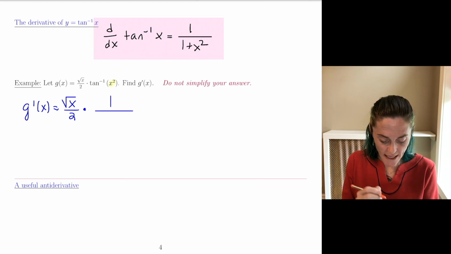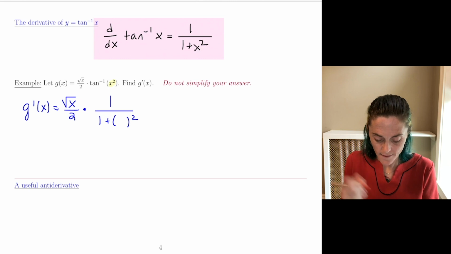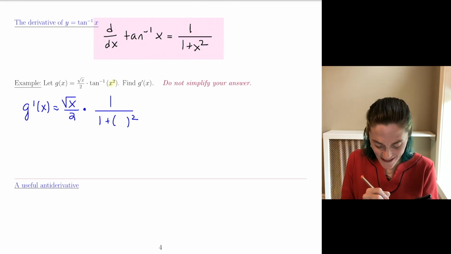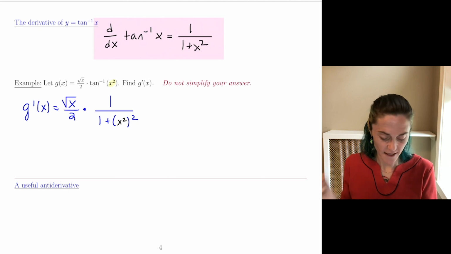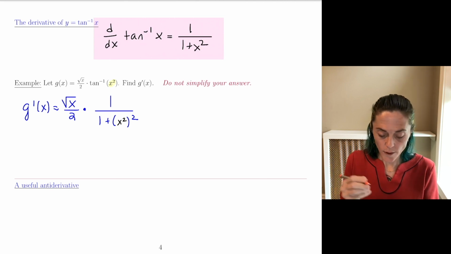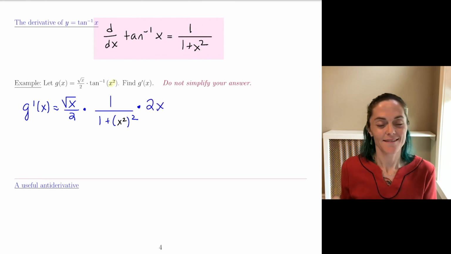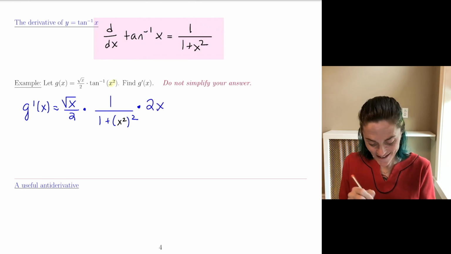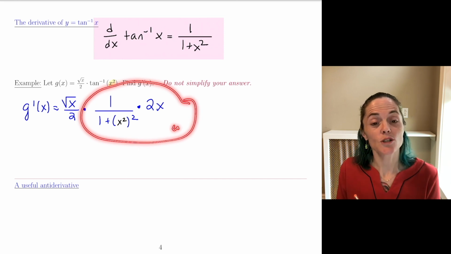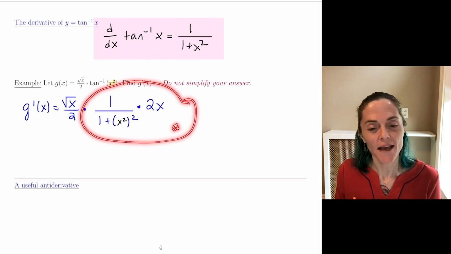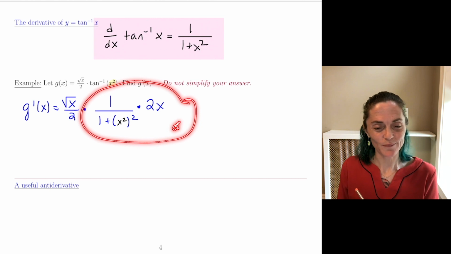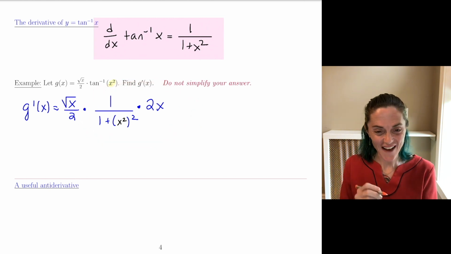The derivative of the tan inverse goes like this, evaluated at the inside, so I put in the entire inside function. And then multiply by the derivative of the inside function, it would be here. So this part is the derivative of tan inverse of x squared, chain rule. Okay, so what do we have so far?